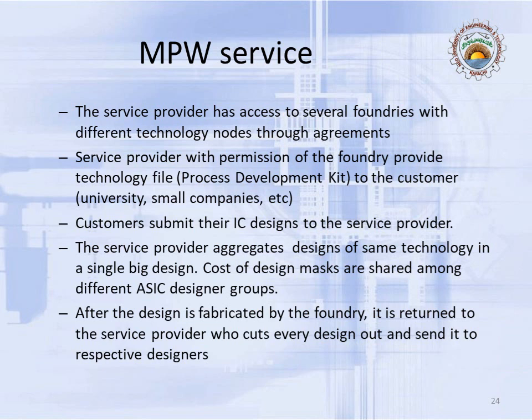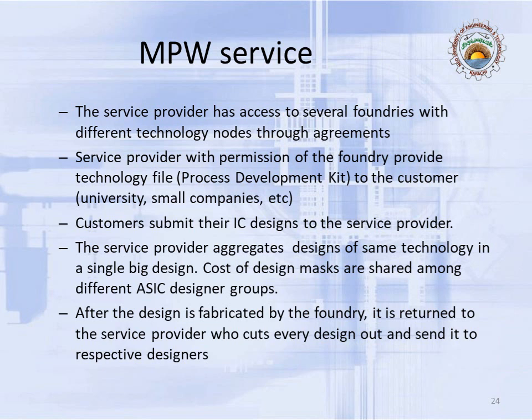So consider an example of PCB fabrication. You can collect different designs of PCB and make a big PCB. What will happen once it is fabricated? Once it is fabricated, it is sent back to the multi-project wafer service provider, and then it cuts and packs and sends it to everyone who is involved in that.